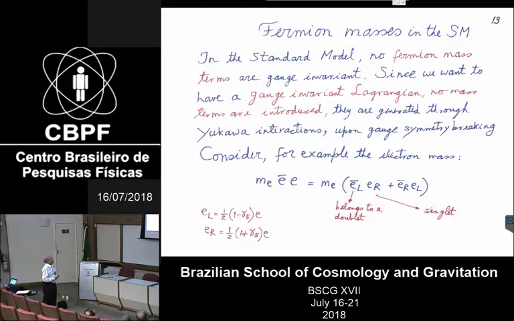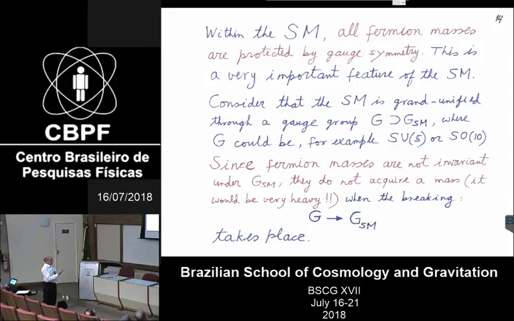The fortunate thing, fortunate or unfortunate, we don't know, is that the masses of the standard model could be generated again from the same Higgs. So let me repeat, all Fermion masses are protected by gauge symmetry. This is a very important feature of the standard model. Consider, for example, that the standard model is grand unified through a gauge symmetry G larger than G_SM, where G could be SU(5), SU(10), E6, whatever you want.